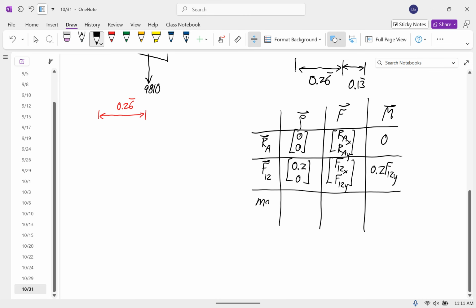And then the weight force, that rho vector is 0.26 repeating, 0. And the force vector is 0, negative 9810. So the cross product is negative 2616.